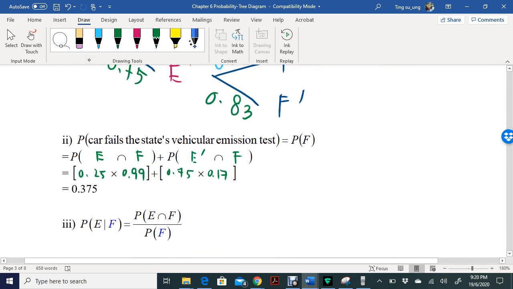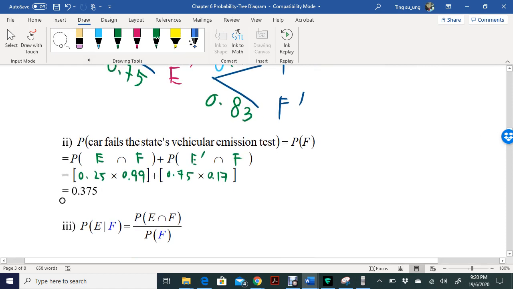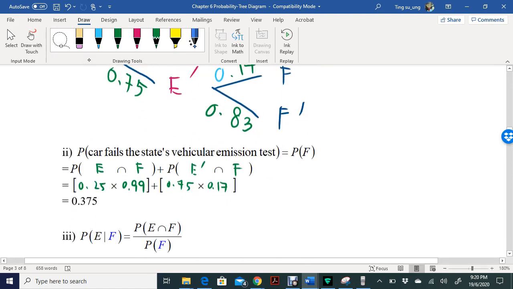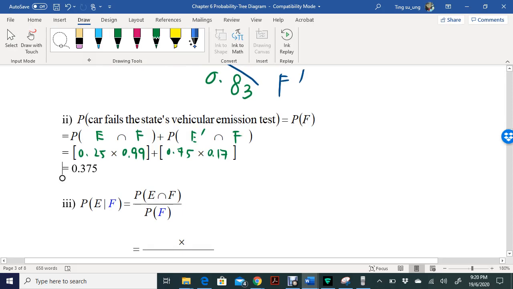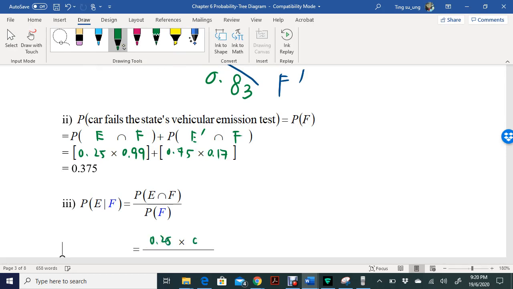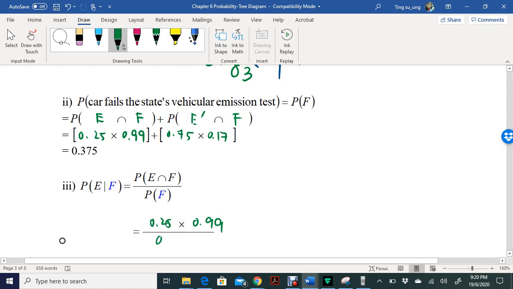So you write the F first before the E. So P(E and F) is 0.25 multiplied by 0.99. So P(F) is what? Already found, 0.375.